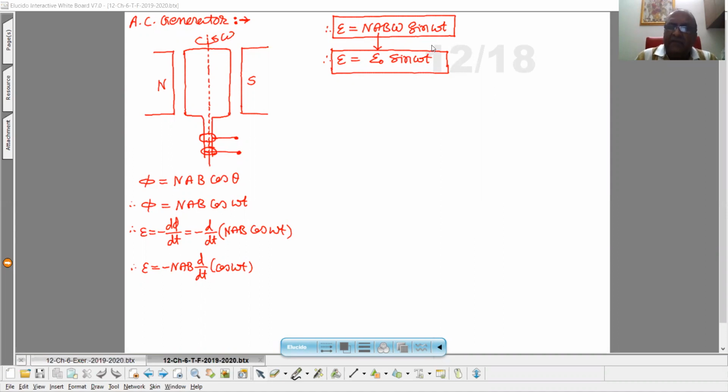In the powerhouses, when we generate electricity, we use the same principle: by changing the flux associated with the coil by rotating either the coil or magnets, the EMF is induced, and that is the AC generator. Very simple thing. Clear to all of you?